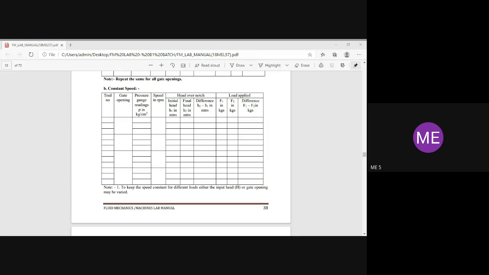That is, Cd equals Q by A1 into square root of 2gh. A1 is pi by 4 into (50 into 10 to the power minus 3) whole square. A2 is pi by 4 into (25 into 10 to the power minus 3) whole square. Don't take mm directly. That is how to calculate A1 and A2.